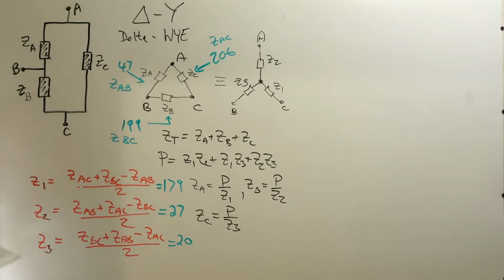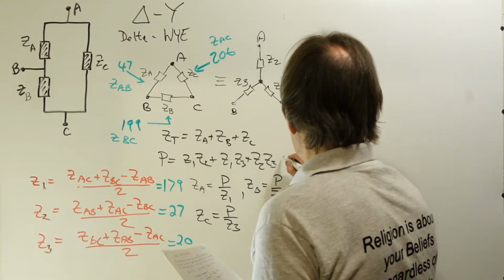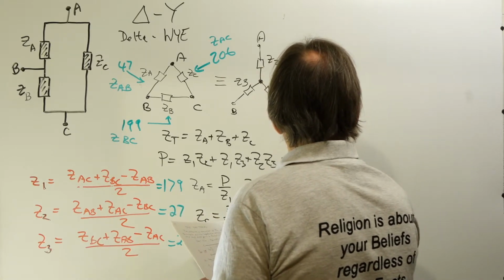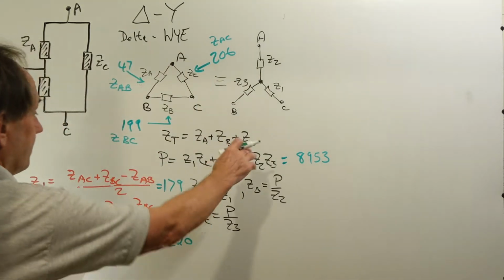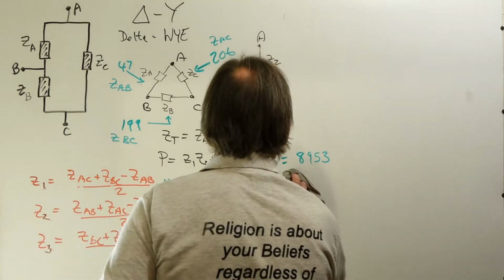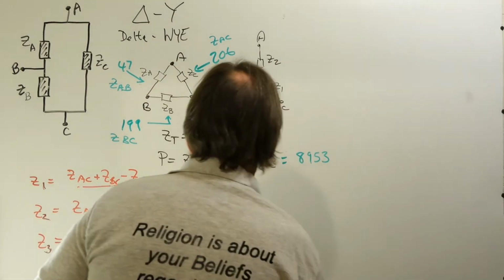Now, the P value, when we put in Z1, Z2, Z3, comes out to 8,953. And from that, we can get now our ZA, ZB, and ZC.